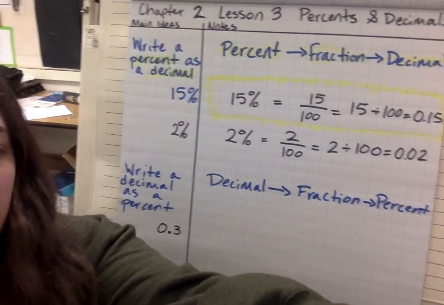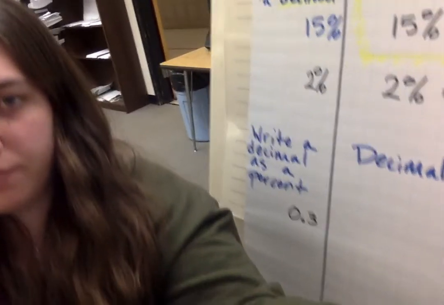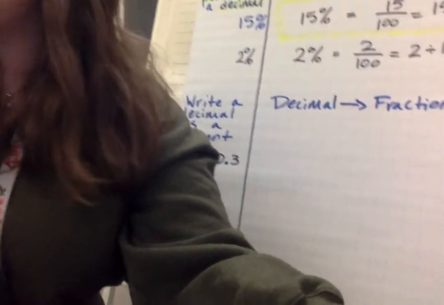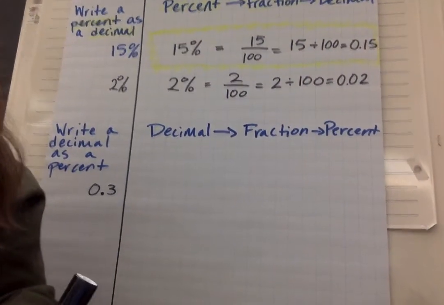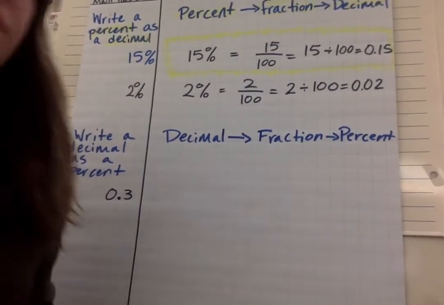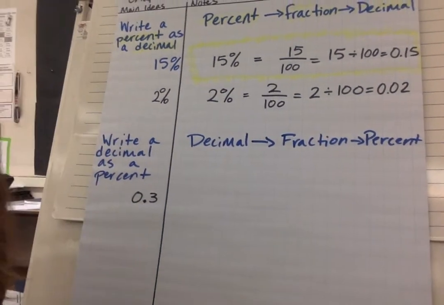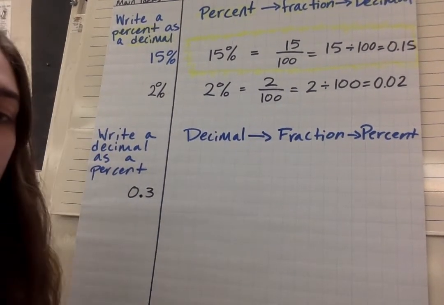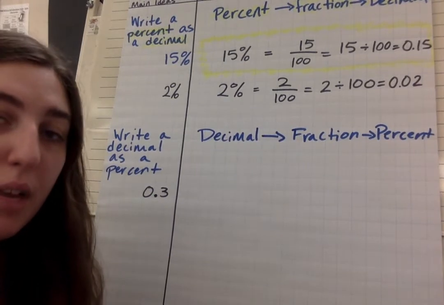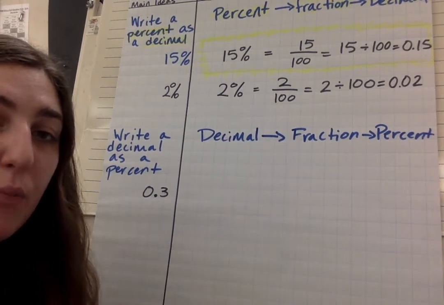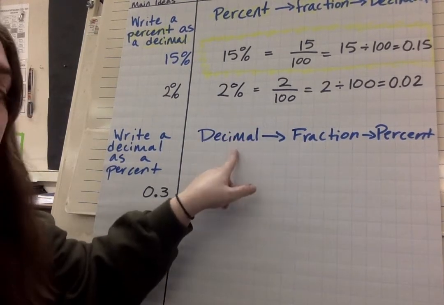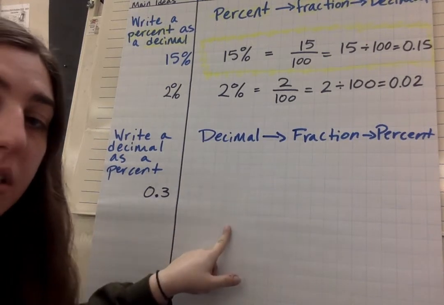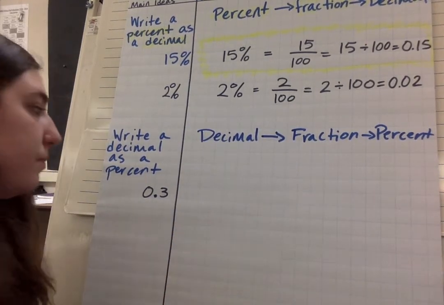I'm going to move the camera a little bit. Okay. So if we have the decimal 0.3, we're going to set it up the same way that we were setting this up. We're going to start with the first thing it tells us to start, which is our decimal.